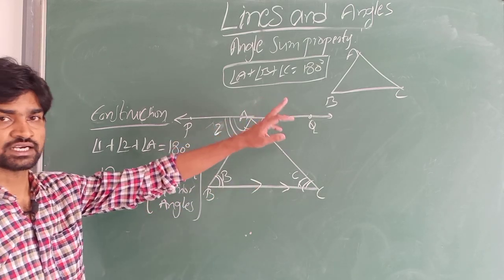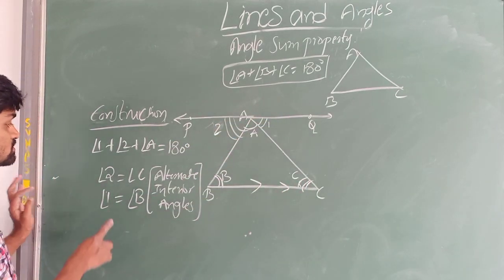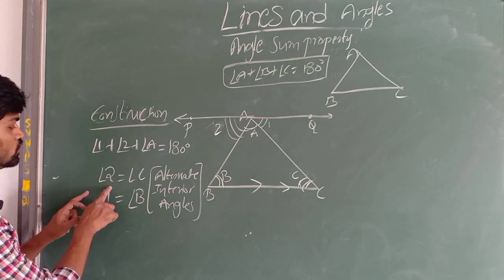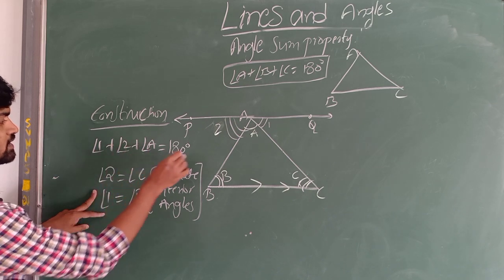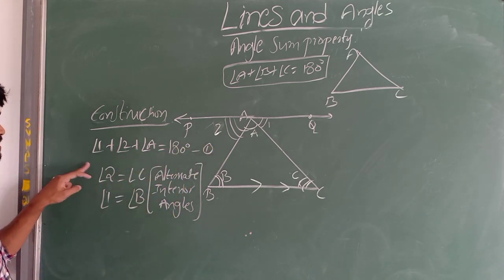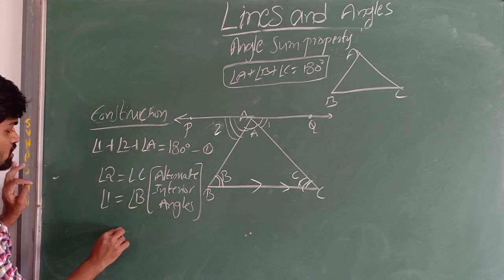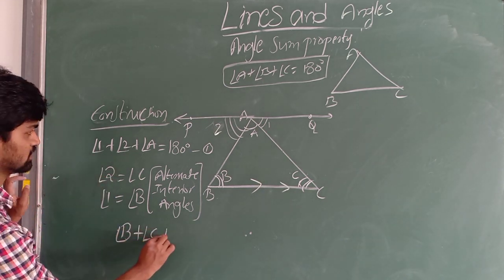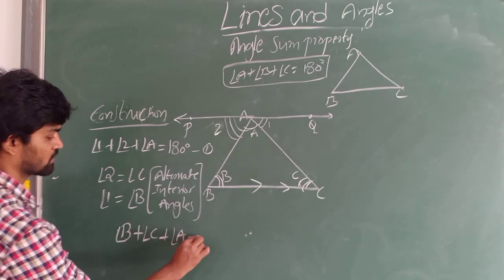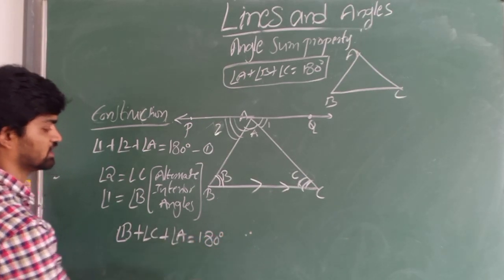Just now we discussed this in the transversal. So in place of angle 2, we can write angle C, and in place of angle 1, we can write angle B in equation 1. So angle B plus angle C plus this angle A equals 180 degrees.